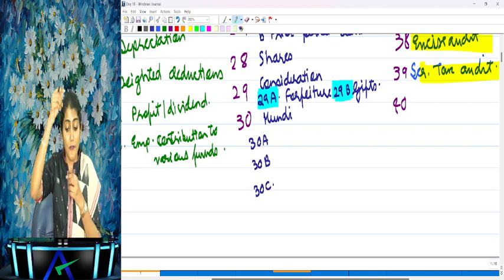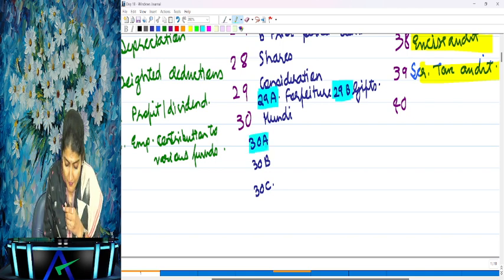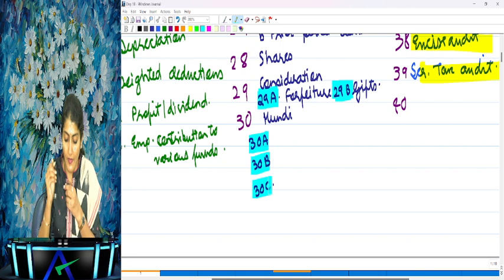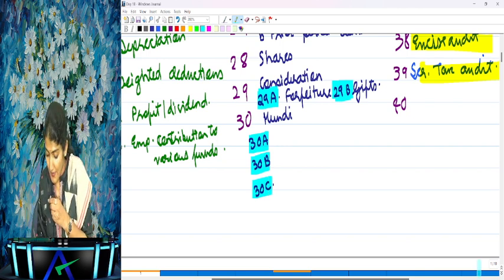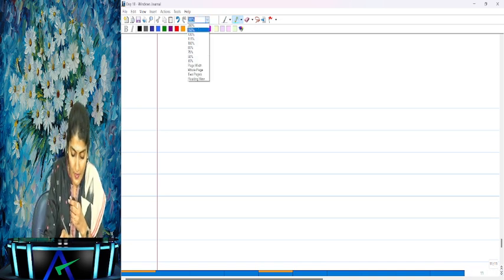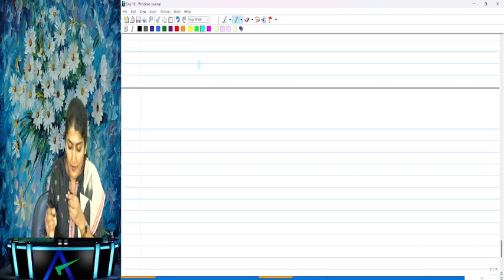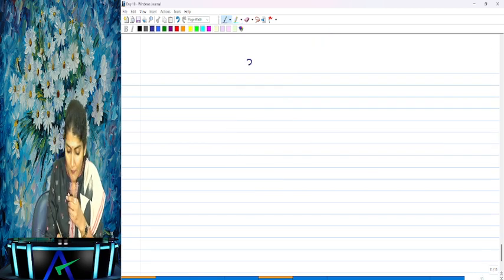Just as after 29 we had 29A and 29B, here we have 30A, 30B and 30C. Are you able to understand that?